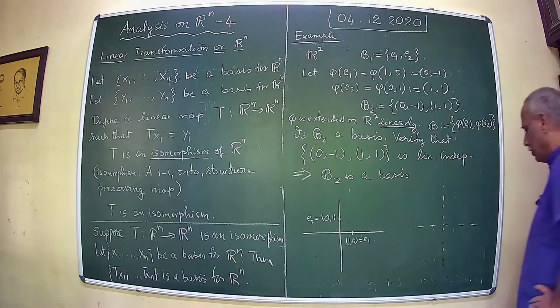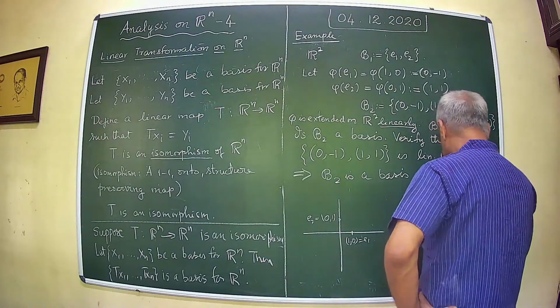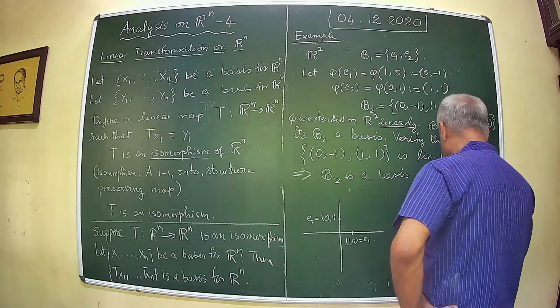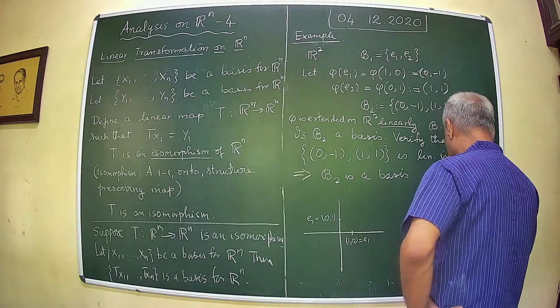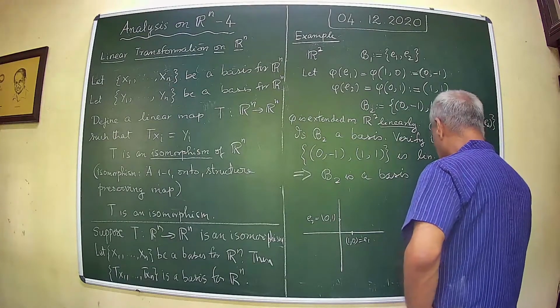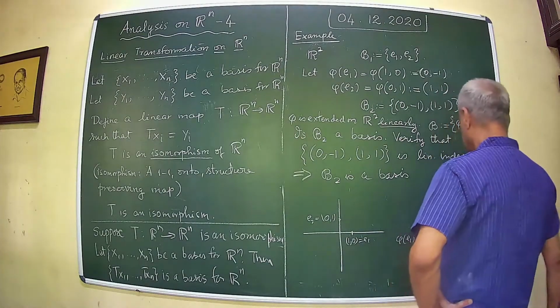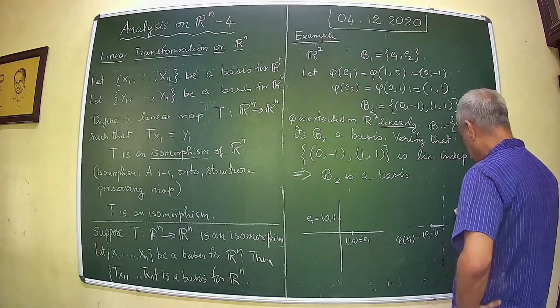So you have got some T E1, what is this? This is the vector (0, -1), which is equal to phi E1. And then I have the vector (1, 1).